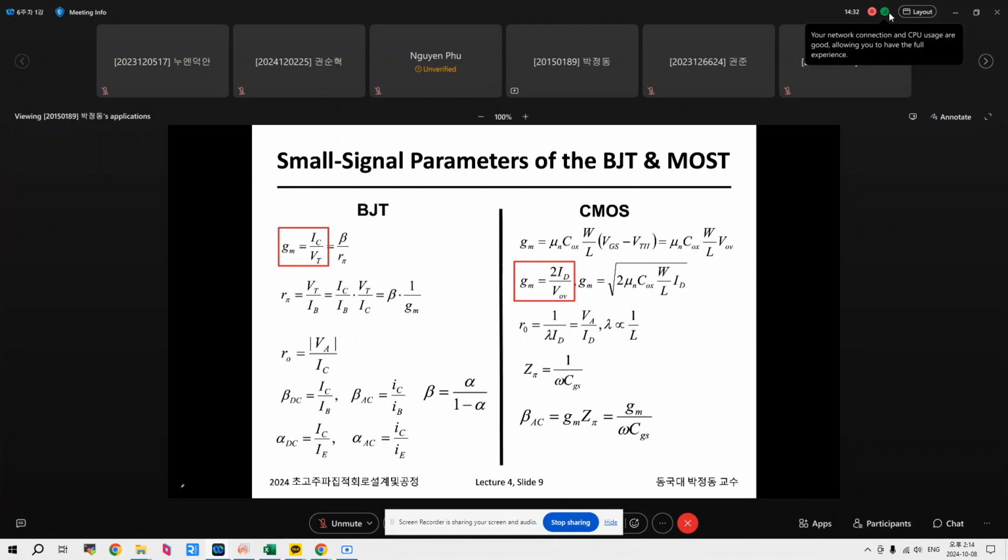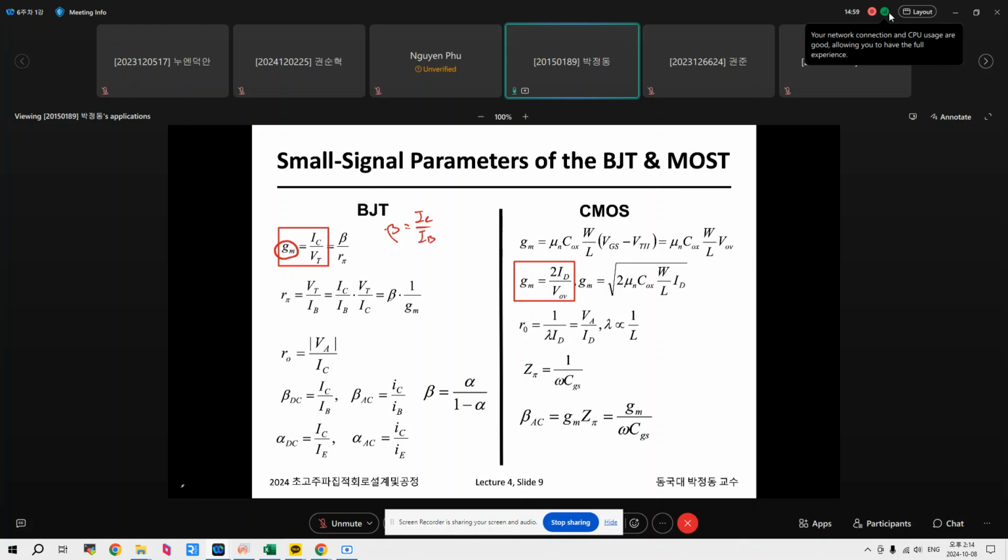So this is the comparison of small signal parameters between BJT and MOS. The most critical and important parameter is GM. Basically, beta is IC divided by IB.